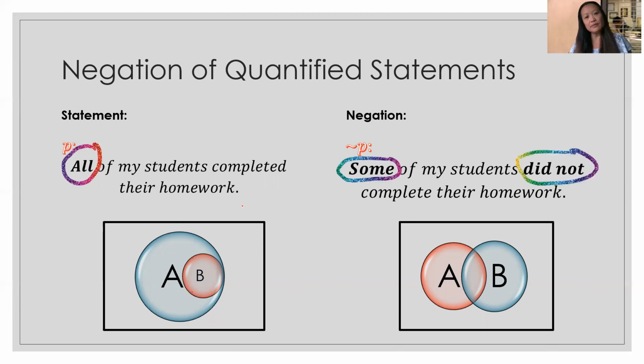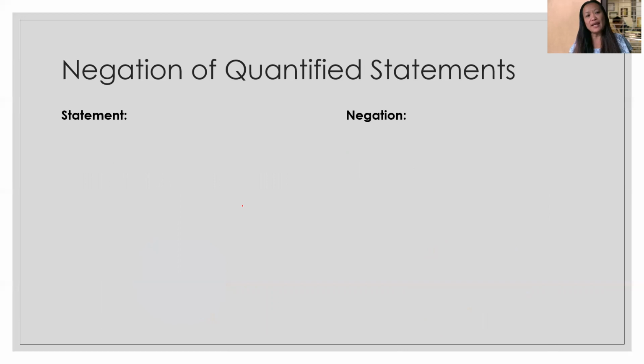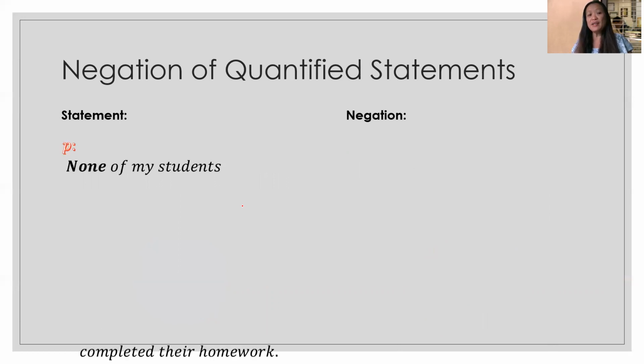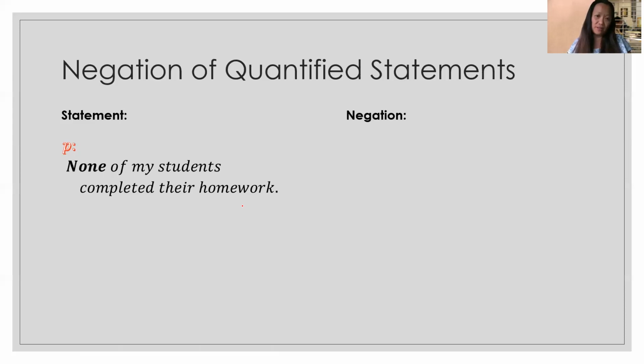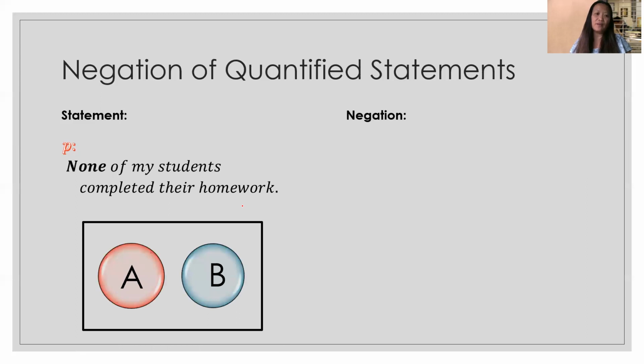Okay, now next, what is the negation of none? If I say none of my students completed their homework, that would be this Venn diagram, right? So if that statement is a true statement, then what would be the opposite truth of that?